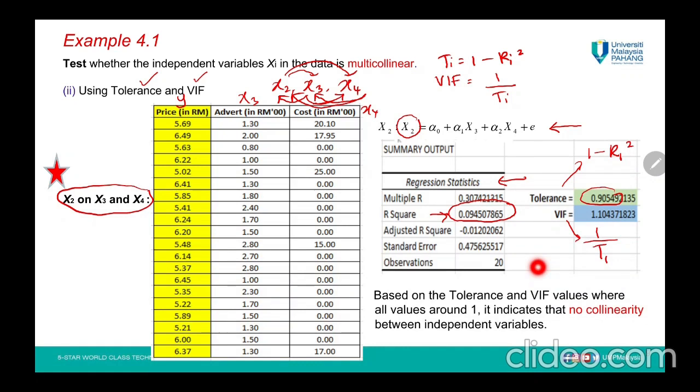So we get the VIF value of 1.1044 at 4 decimal places. Based on the tolerance and VIF values, we can see that all the values are close to 1 or around 1, which indicates that no collinearity exists between the independent variables.